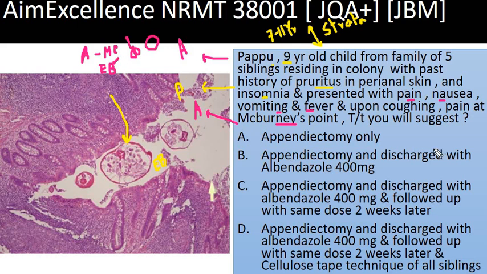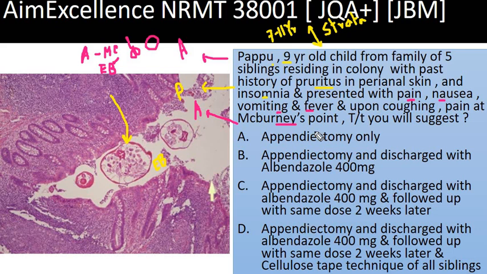So in this particular case, we understood there are findings pointing towards a parasitic infestation in a low socio-economic class family, and also this is a case of appendicitis. So what will we do?